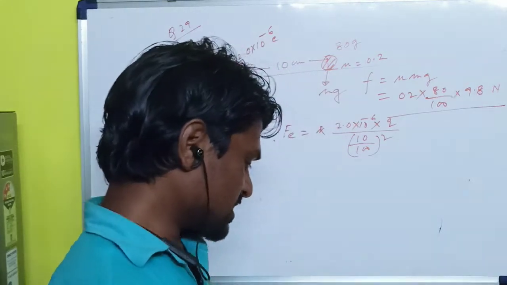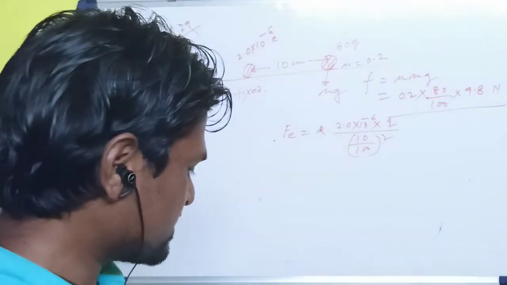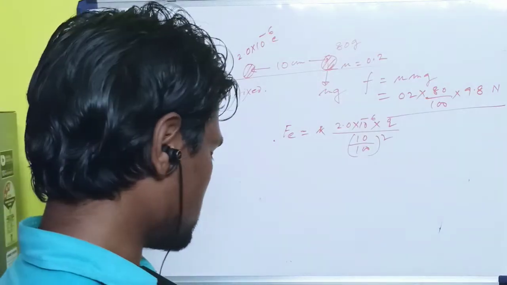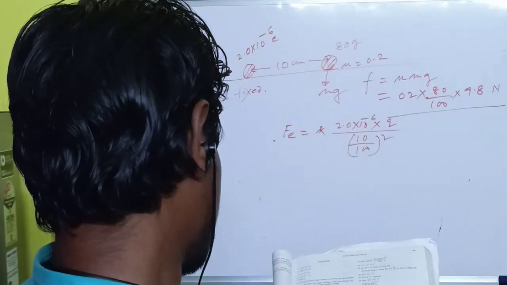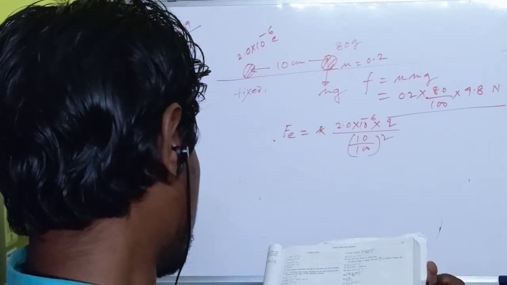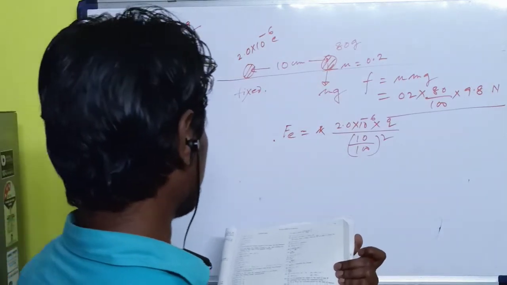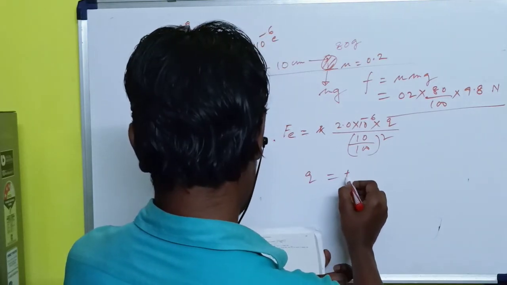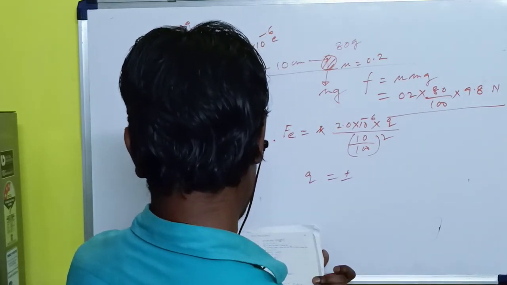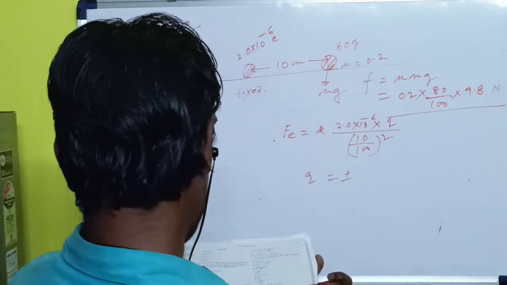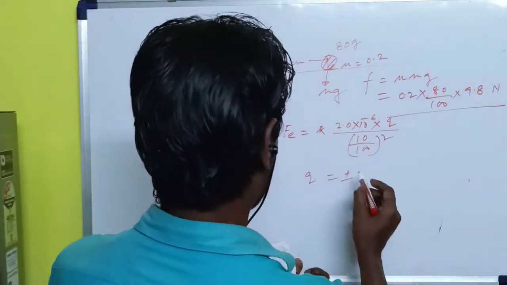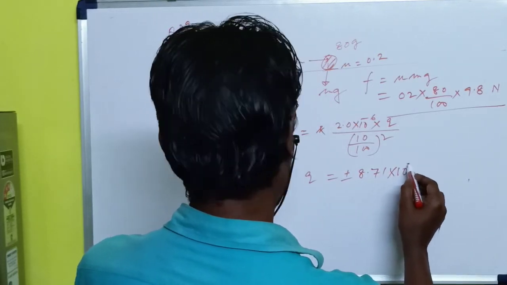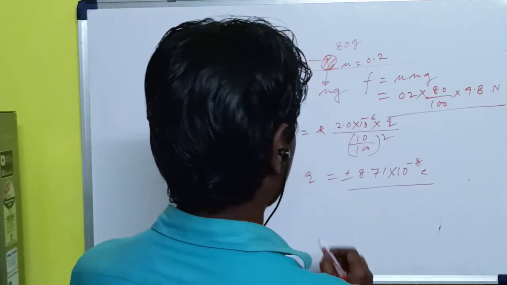So you can calculate these questions easily. What is the range of this one? The answer is Q equal to plus or minus 8.71 into 10 to the power minus 8 coulomb.